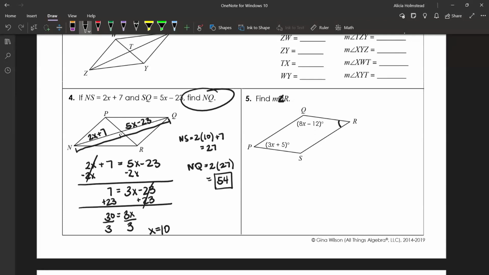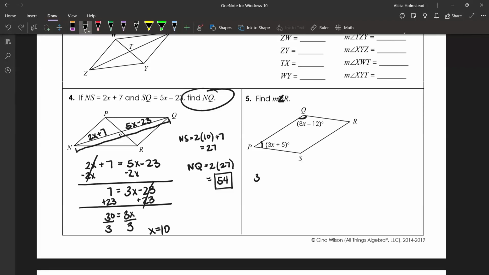Well, we are given the measure of angle P and the measure of angle Q. So again, remember, when we marry geometry and algebra together, the way that we write an equation is that we first have to determine the geometric relationship, and then we create an equation based on that relationship. So if we look at angles P and Q, what is the geometric relationship between them? Well, we learned previously that they are supplementary and they add to 180.